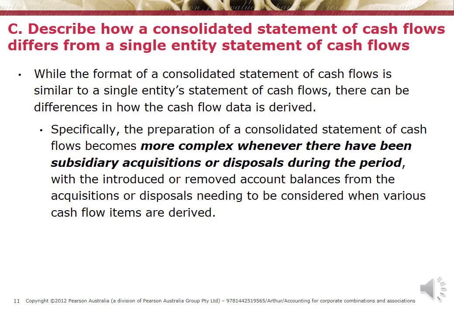We'll go on to the next slide now and have a look at an example of how an acquisition of a subsidiary can change the preparation of a statement of cash flows compared to what we're probably used to.